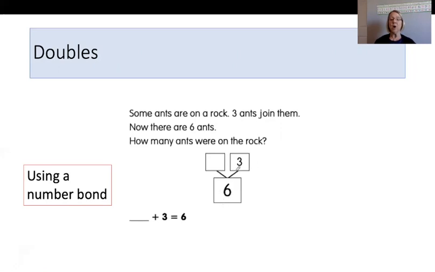We have part of the whole, but we have to find the other part. So we're using a part to get a whole. If we use doubles, we could say 3 plus 3 is 6, because we know 3 two times is 6. So we can write it down here, and use a number bond to show part, part, whole to get the number 6 using doubles.